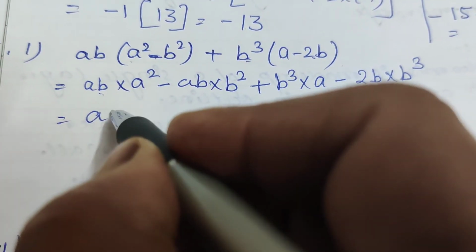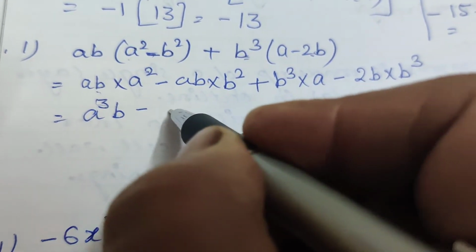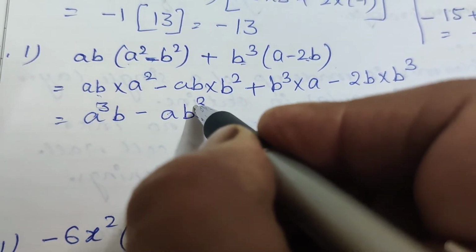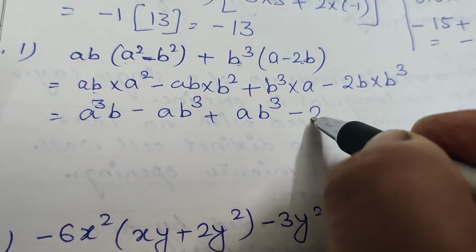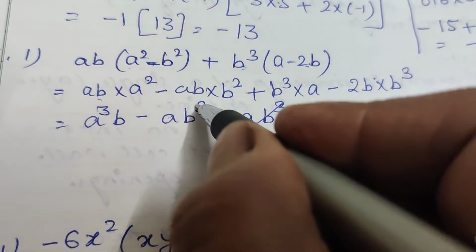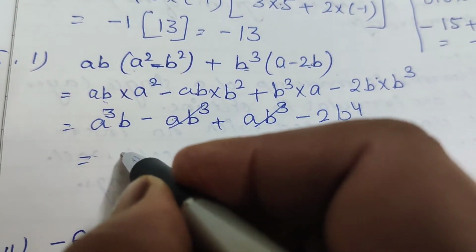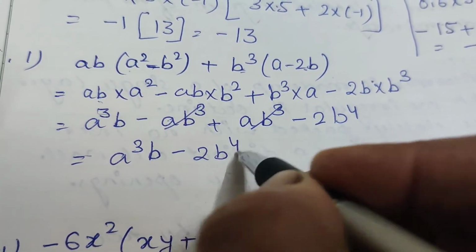A, how much A? 2 plus 1, A cube B, minus AB raised to power 3. AB raised to power 3 minus 2B to the 4. 3 plus 1, 4. Plus minus cancel. The answer is A cube B minus 2B raised to power 4.